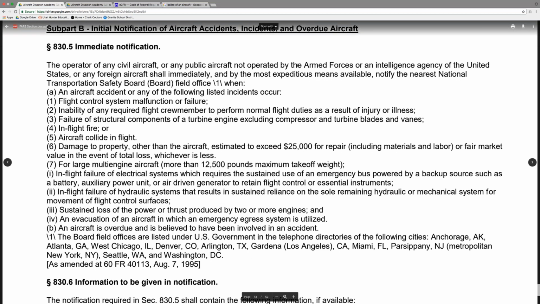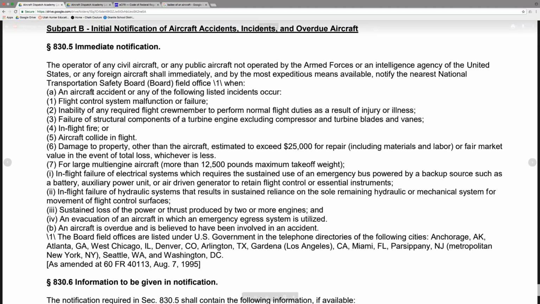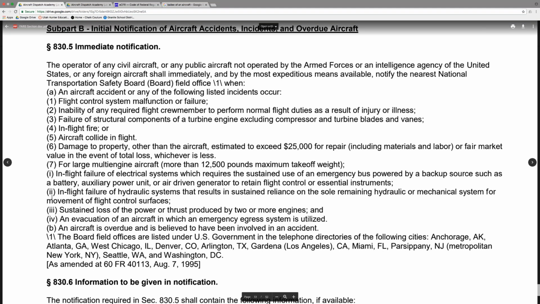Basically, what we have to do is notify the NTSB only when this list of things occurs. So any one of these things on this list, there's a requirement to immediately notify the NTSB.